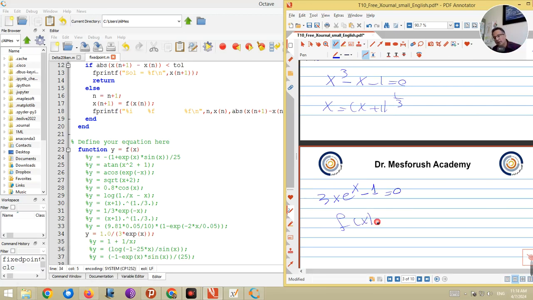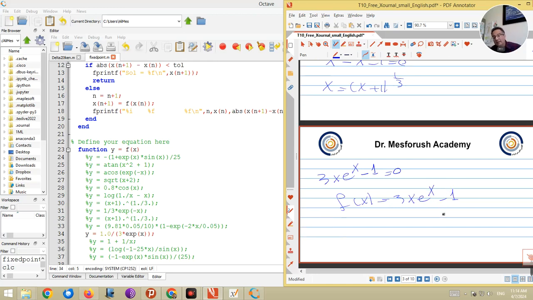So we should get f of x equal to 3x e to the power of x minus 1, and in both fixed point and delta squared Aitken, we should consider x as equal to 1 over 3e to the power of x.